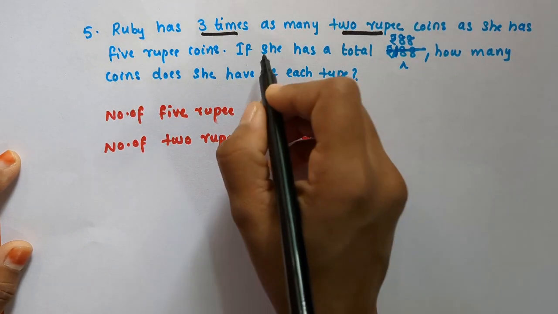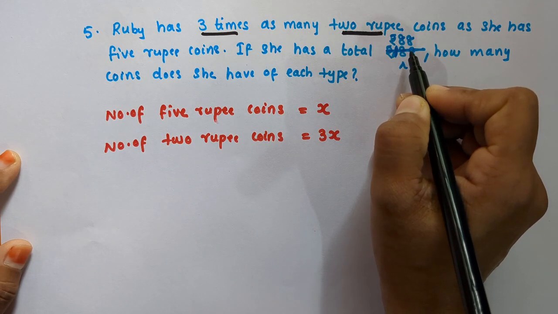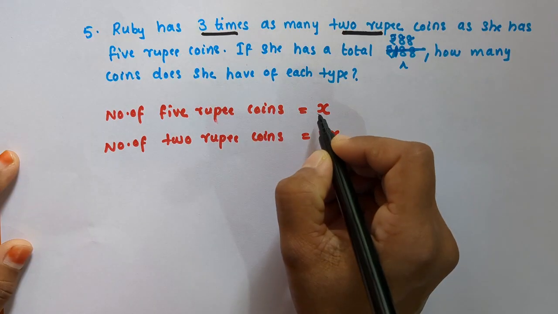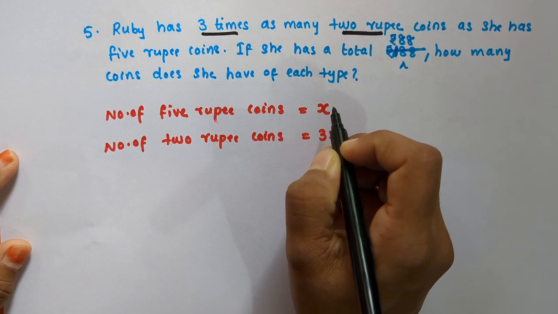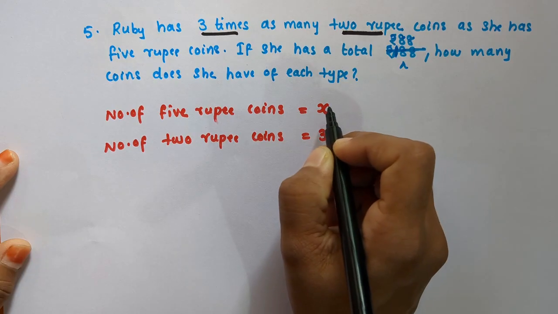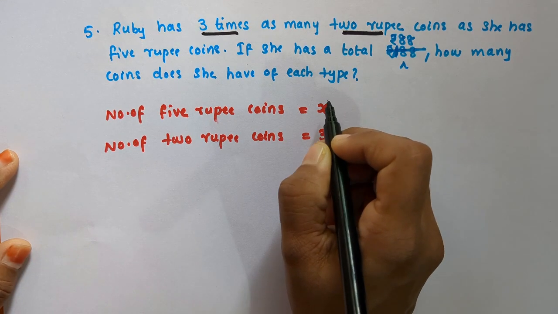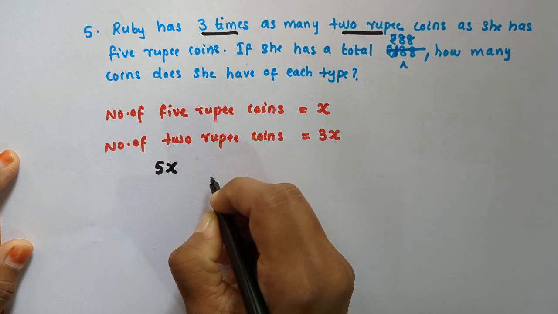Now, she has a total of rupees 88. That is, the number of 5 rupee coins is equal to x. The value of a 5 rupee coin is 5. So x 5 rupee coins will have a total value of 5 into x, right?